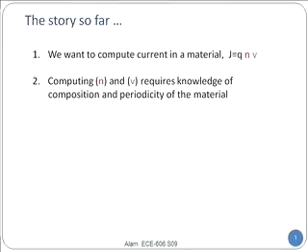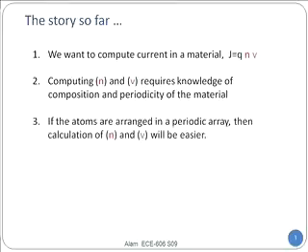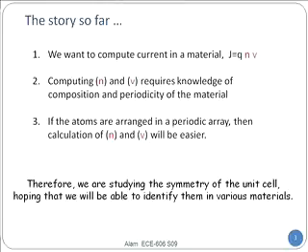Different materials will have different numbers. The other one is velocity, that is, how fast they move in response to an electric field, for example, or a density gradient. In order to do that, we want to understand the periodicity and structure of the atoms, and that's why we are trying to understand the symmetry, the number of atoms per centimeter cube for a particular material, and all sorts of basic information.